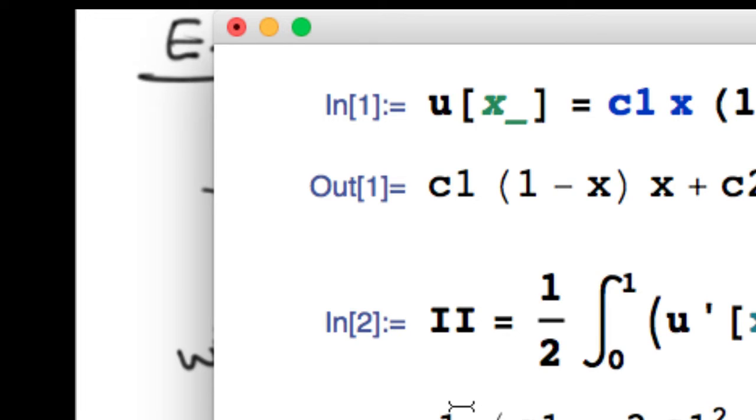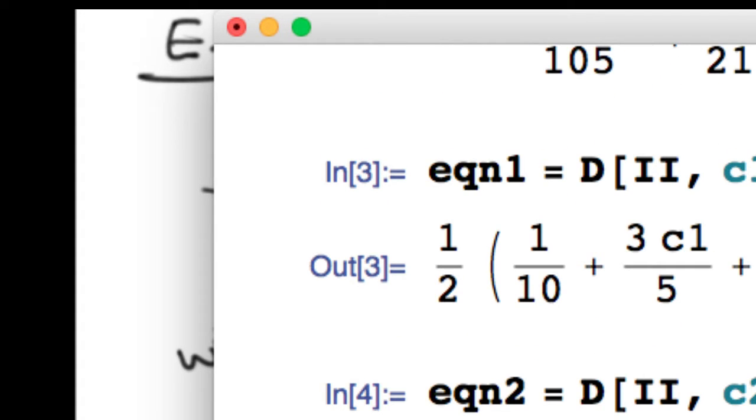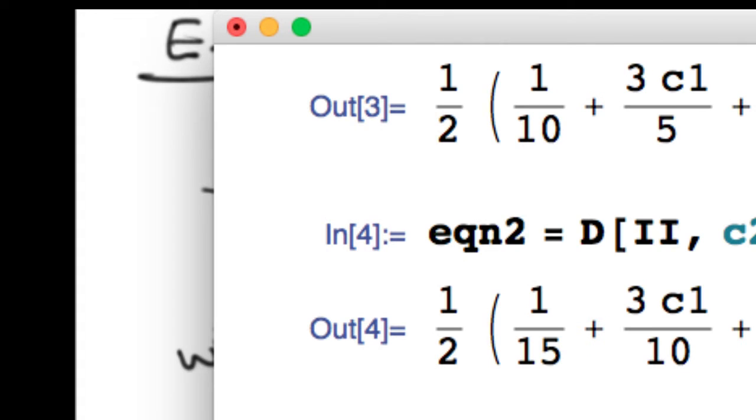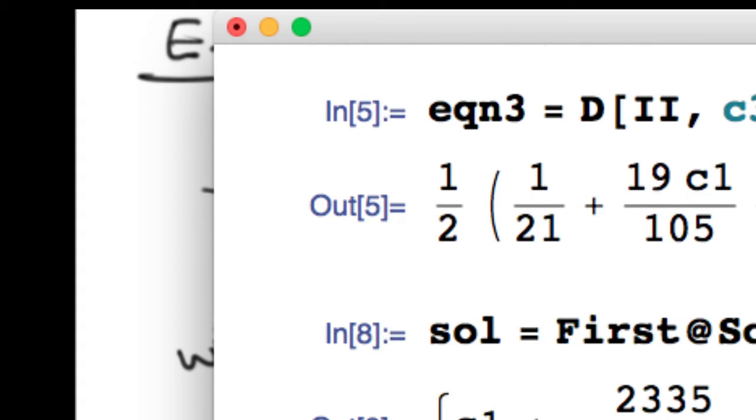So there's my solution. So then I can plot that. So there's my approximate solution to the differential equation.